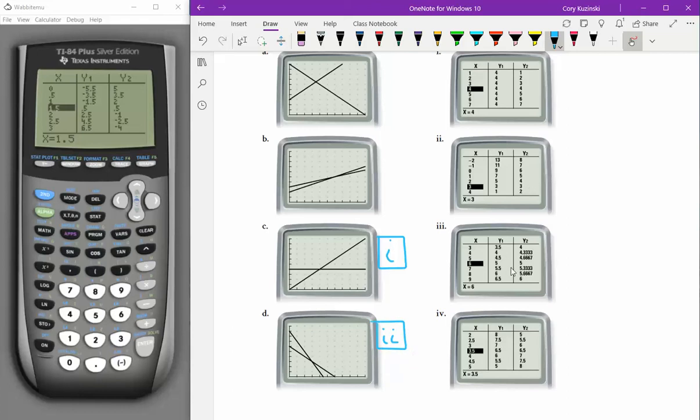All right. Same idea here. On 3, Y1's got a positive slope because the values are going up. So does Y2. Those are both going up. So this has got to be 3. Also, you can see they both intersect at 6, 5. 1, 2, 3, 4, 5, 6, and 5. That might be more so the point 6, 5 right there.